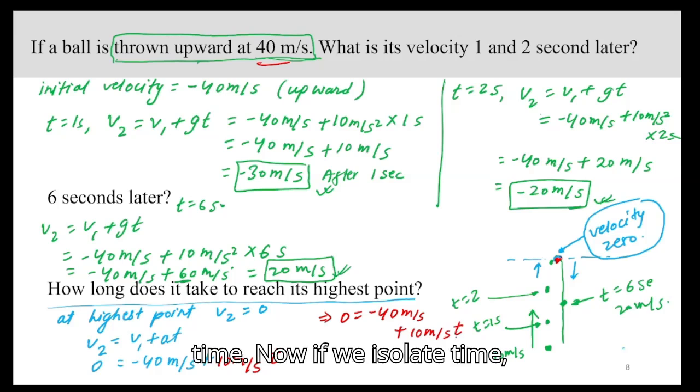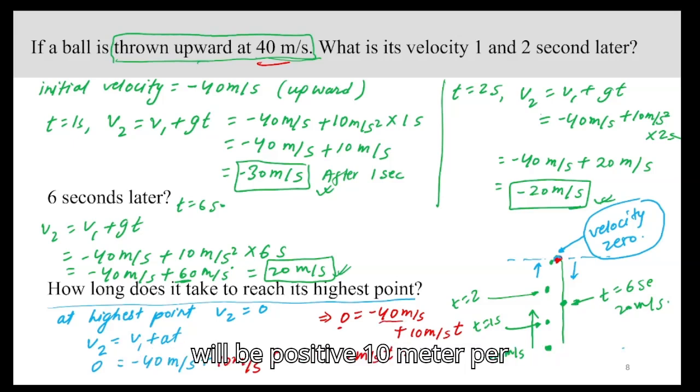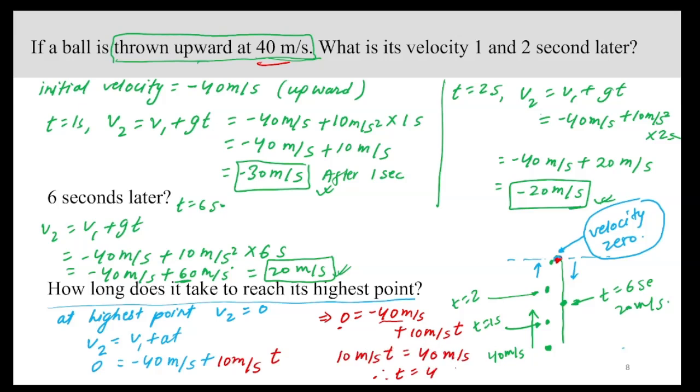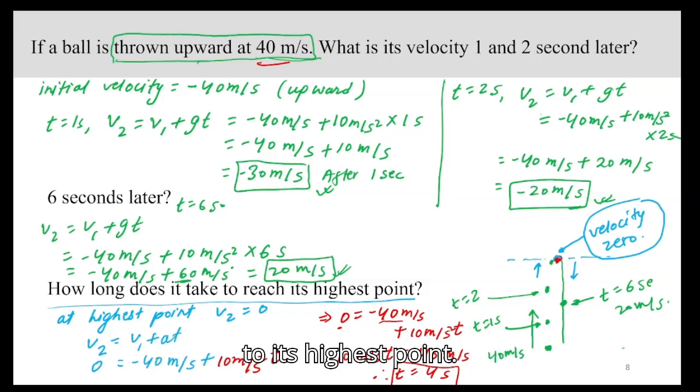Now if we isolate time, 10t is equal to, we take this 40 meters per second to the other side, so it will be positive 40, and if we isolate t, it will be 40 over 10, which is 4 seconds. So it will take 4 seconds for the object to reach its highest point.